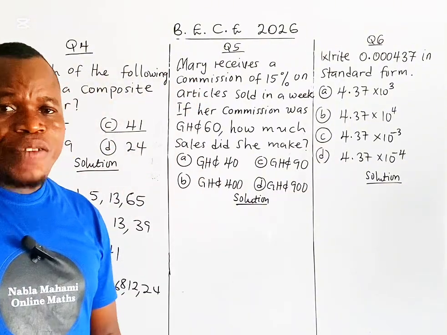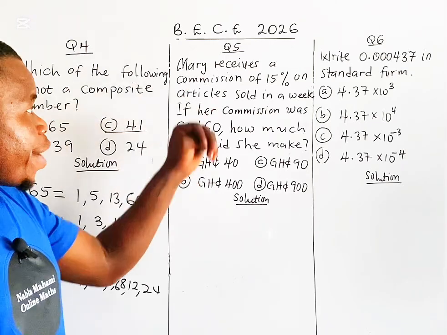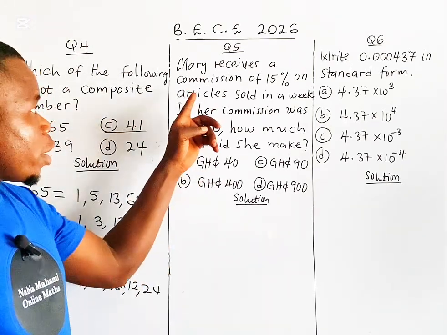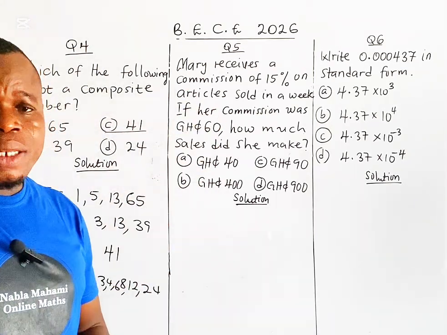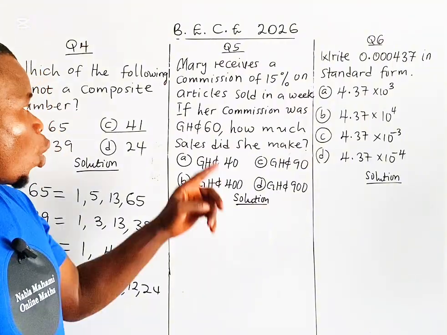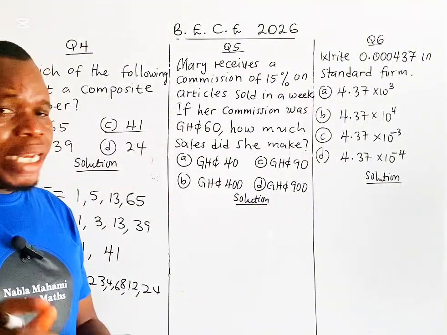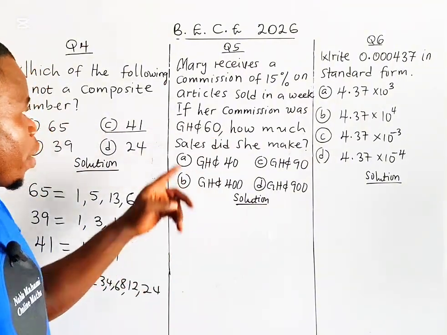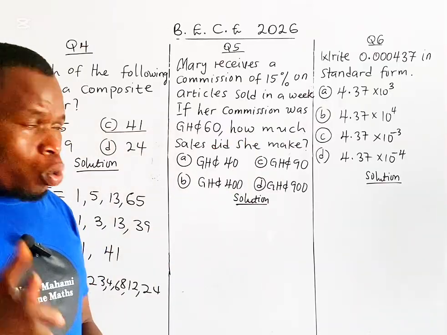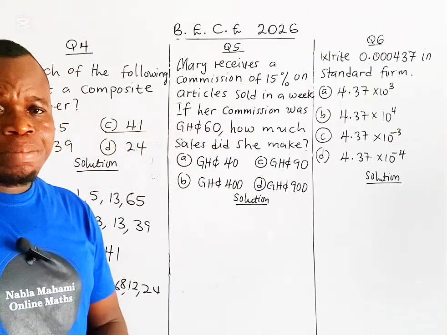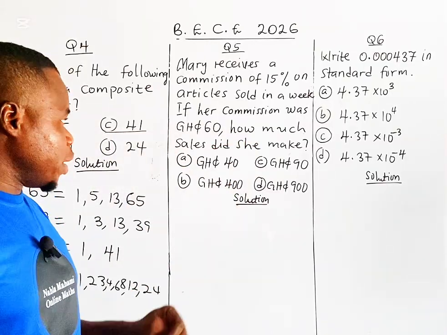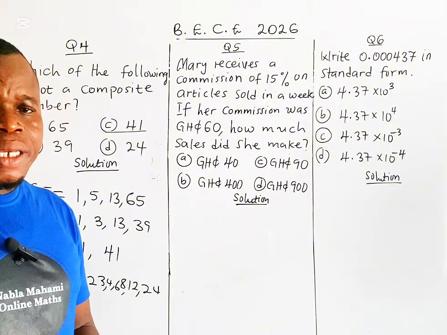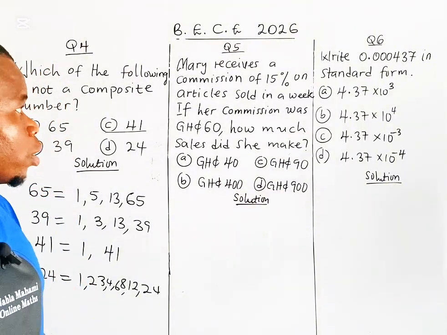Let's move to question 5. We have, Mary receives a commission of 15% on articles sold in a week. If her commission was 60 Ghana cedis, how much sales did she make?